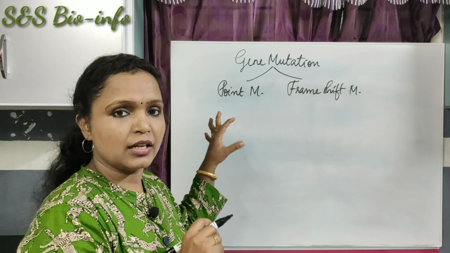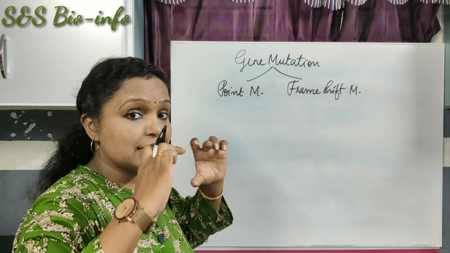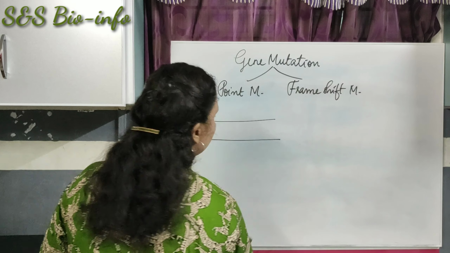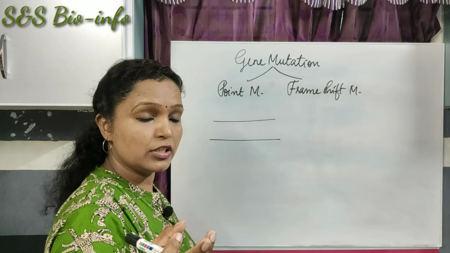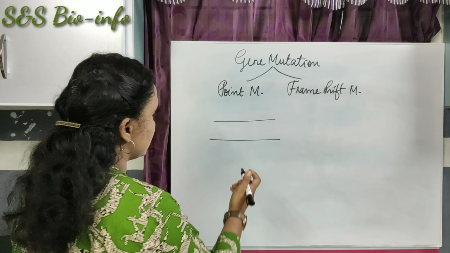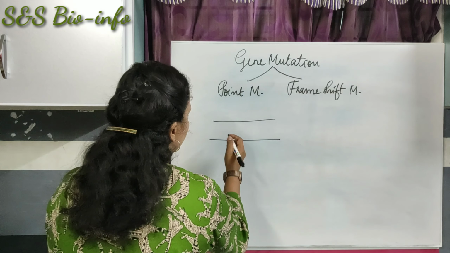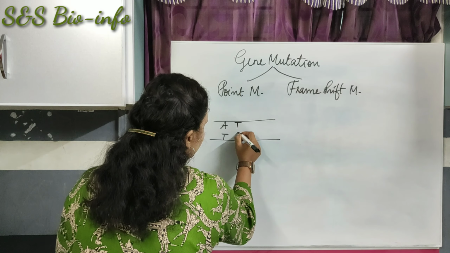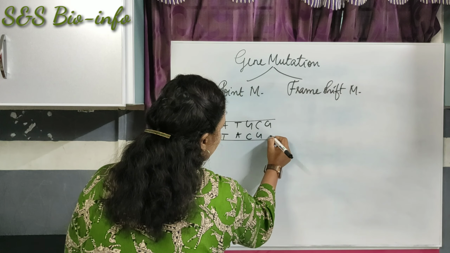To understand this more, we need to consider a segment of DNA. The DNA is made up of nitrogen bases, sugar and phosphate. So when we draw the segment, we need to consider the base pairs. Here I draw one hypothetical segment of DNA with the base pairs adenine, thymine, thymine, adenine, guanine, cytosine, cytosine, guanine, guanine, cytosine.